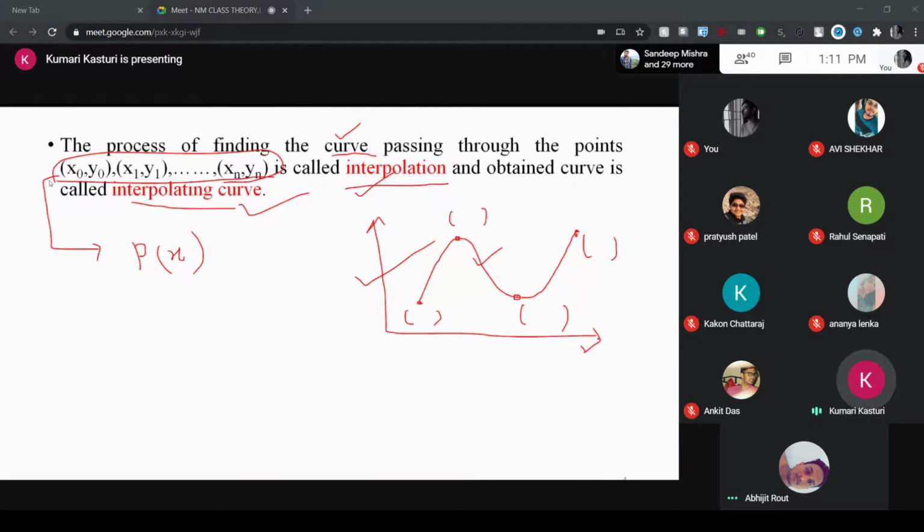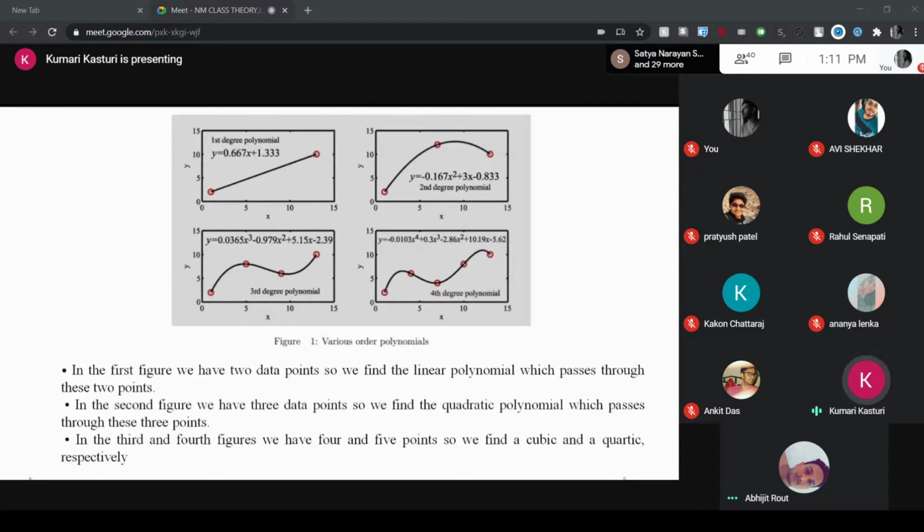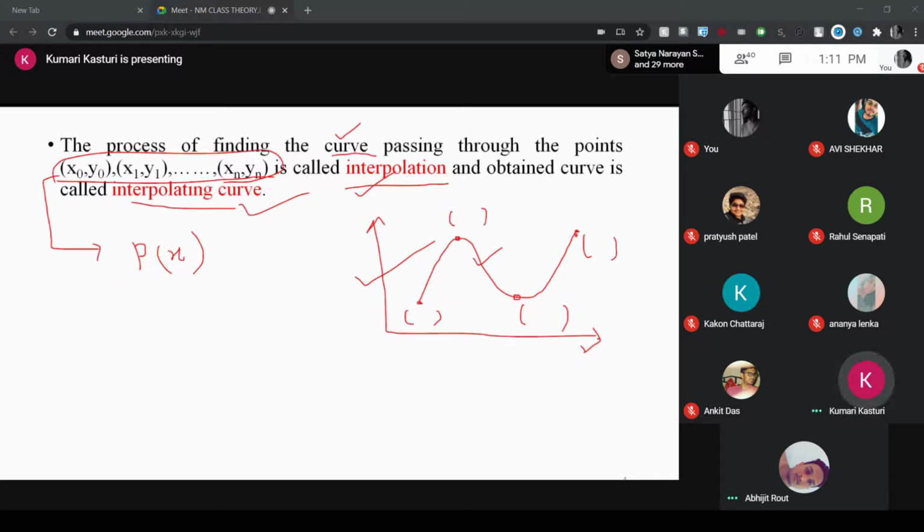So whatever the data points are given to you, by using those data points you have to find a polynomial. Now, how to get that polynomial can be done by two methods. One is called your Lagrange polynomial, one is called your Newton polynomial. That's why I told you there are two procedures we have to study one by one.